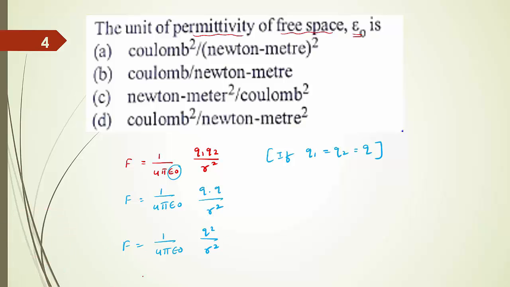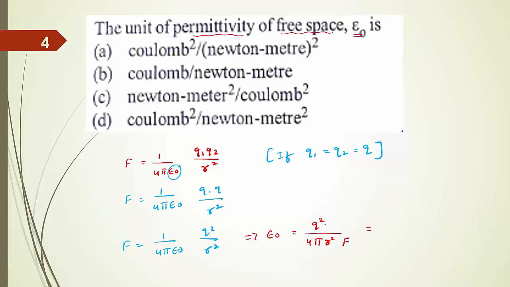So this equation can be written as epsilon naught is equal to Q square divided by 4 pi R square into F. Epsilon naught equal to what? Q square divided by 4 pi R square into F. Now easily we can write the unit for epsilon naught.